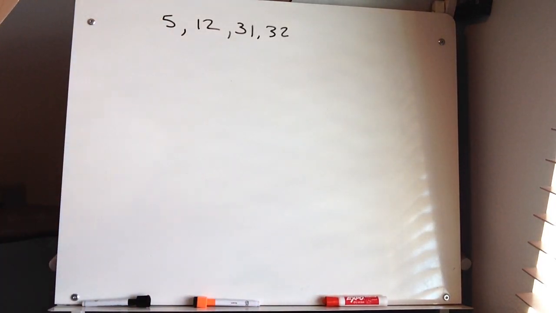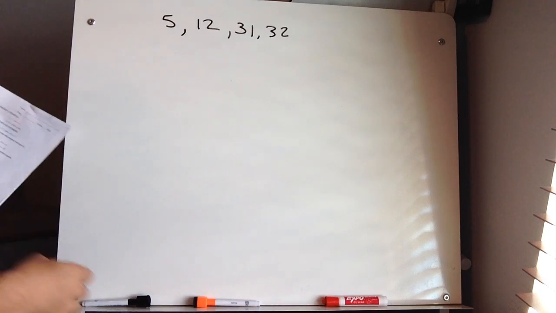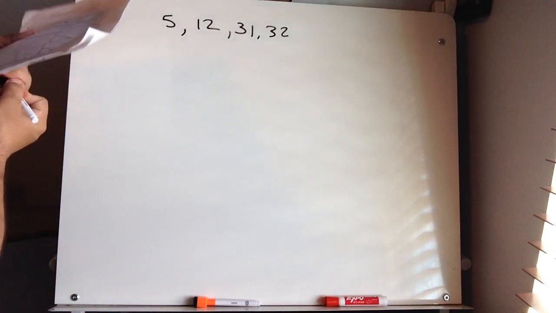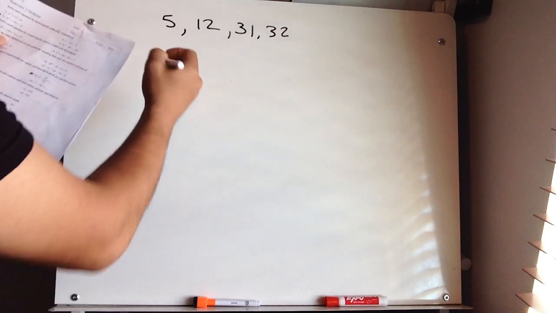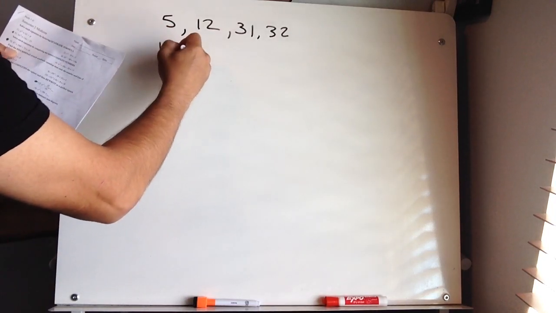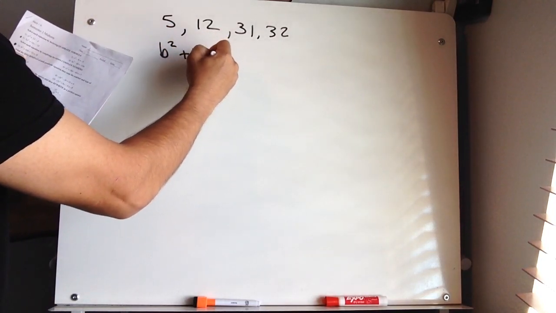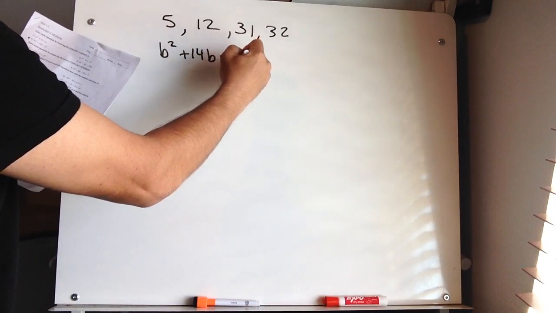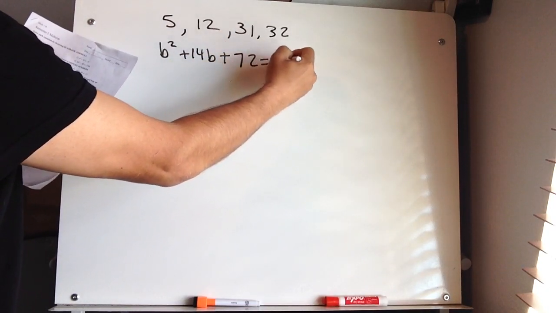Question 5. I got a lot of kids asking question 5. How do you solve this one? It says solve the equation by completing the square. It says b squared plus 14b plus 72 equals negative 6.